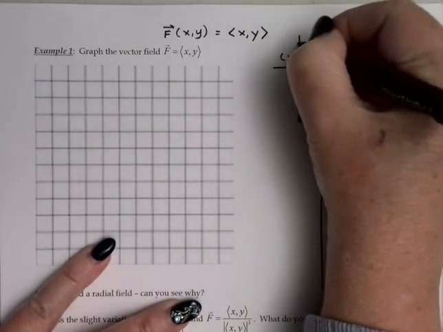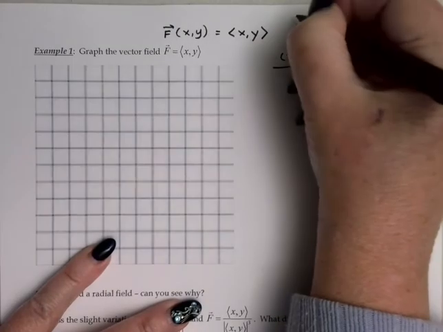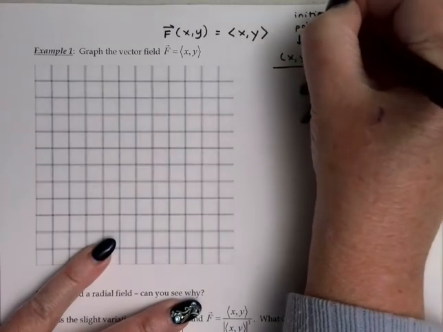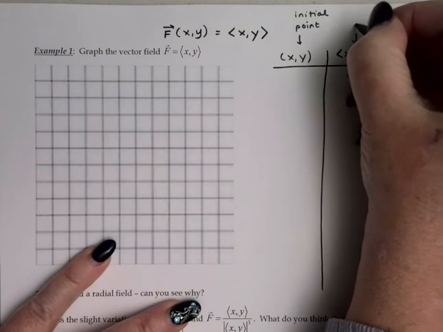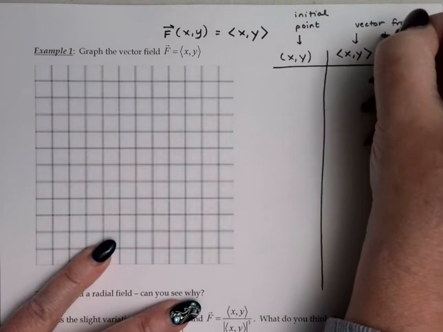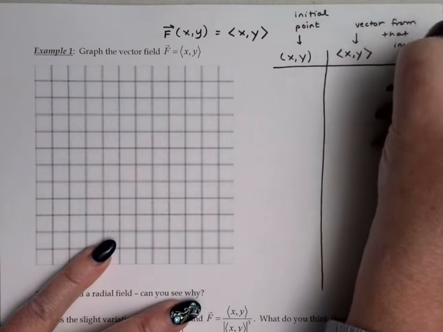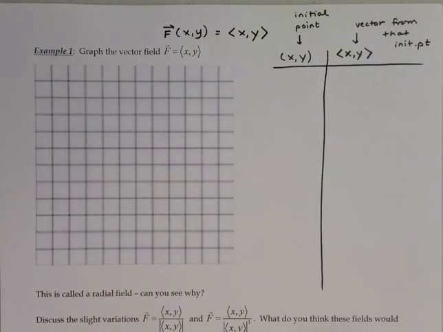So my input is considered the point, and I'll think of it as an initial point where I'm going to start. And then my output is a vector from that initial point. So let's see here. Let's put some axes in.